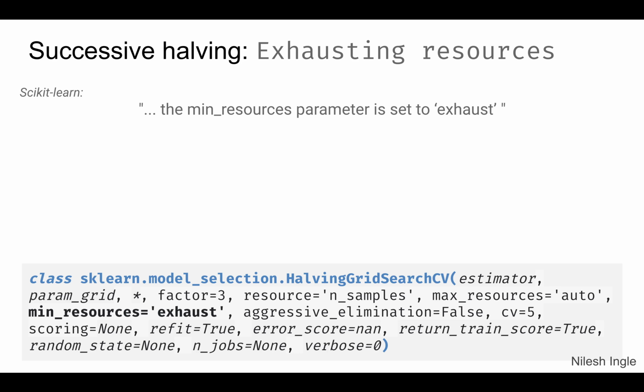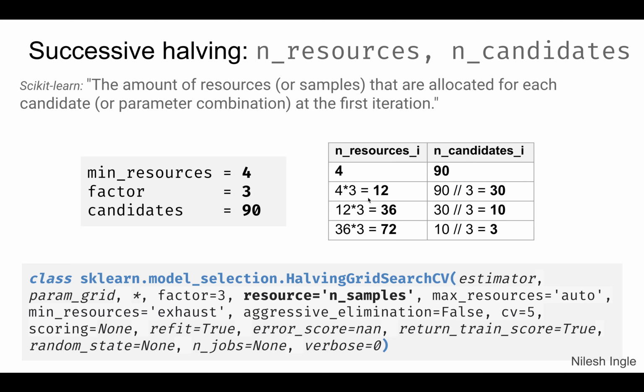If you want the algorithm to use all the data, then min resources can be set to exhaust. What that allows is, as it goes through these steps where it reduces the number of candidates and increases the number of resources, it will do it automatically such that if you have 100 records, it will use all the 100 records. Whereas in this case, if there were 100 records and only 72 were used, the rest were not used.